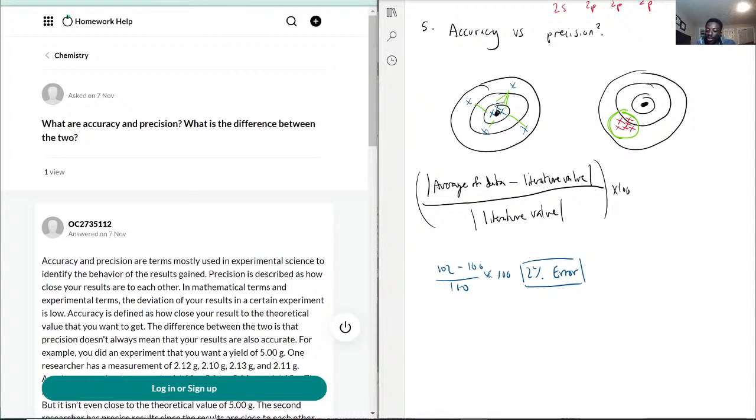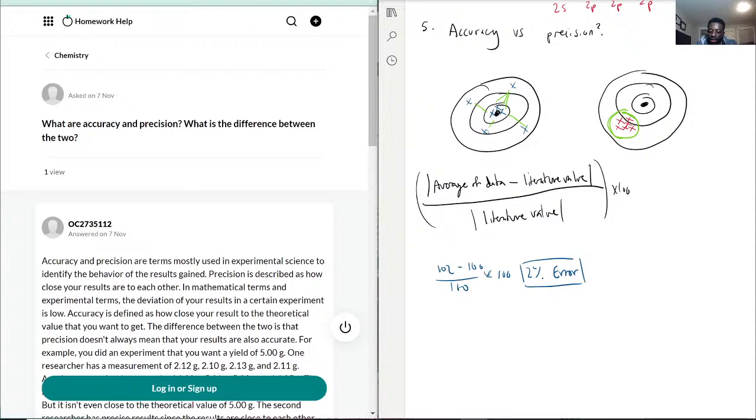So you can tell from the dartboard example that the closer you are to the actual empirical value, like the literature value, the more accurate you can be. Because if we use my friend's here, although his were constantly in the same spot, they were all around the same distance away from the literature value.